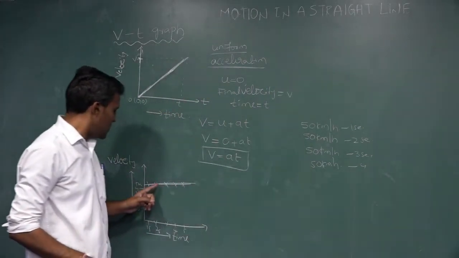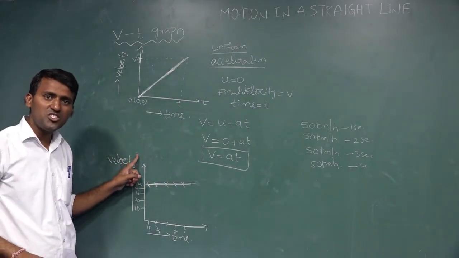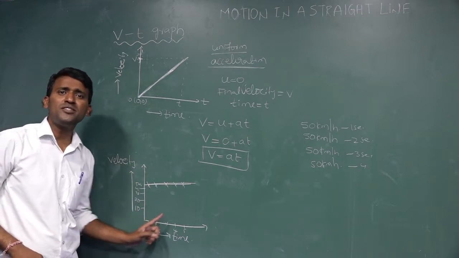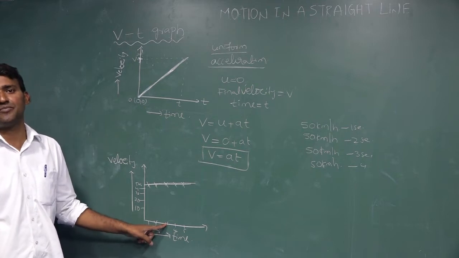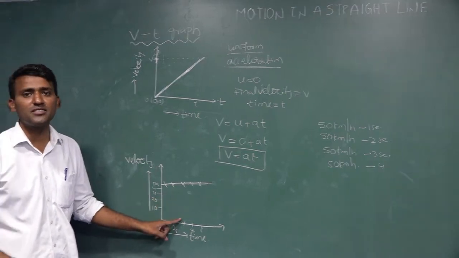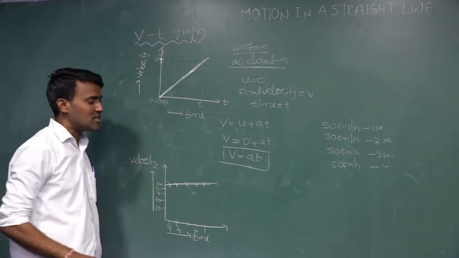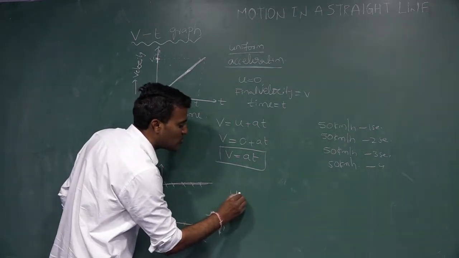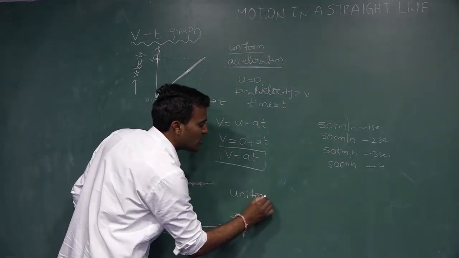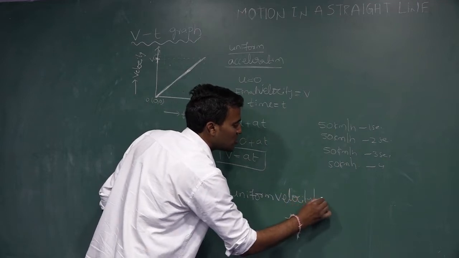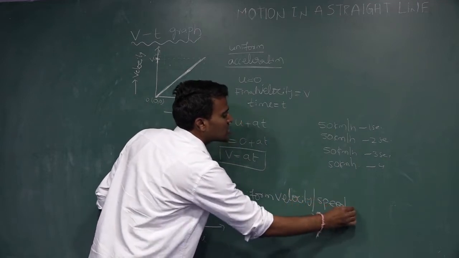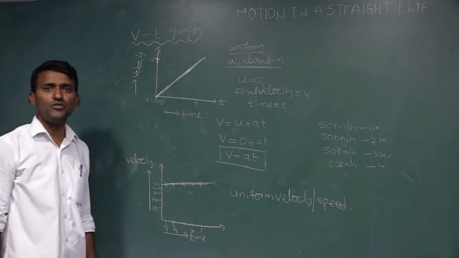So when velocity is on the y-axis and time on the x-axis, if the line is parallel to the x-axis, that means the object is moving with a uniform velocity or uniform speed.